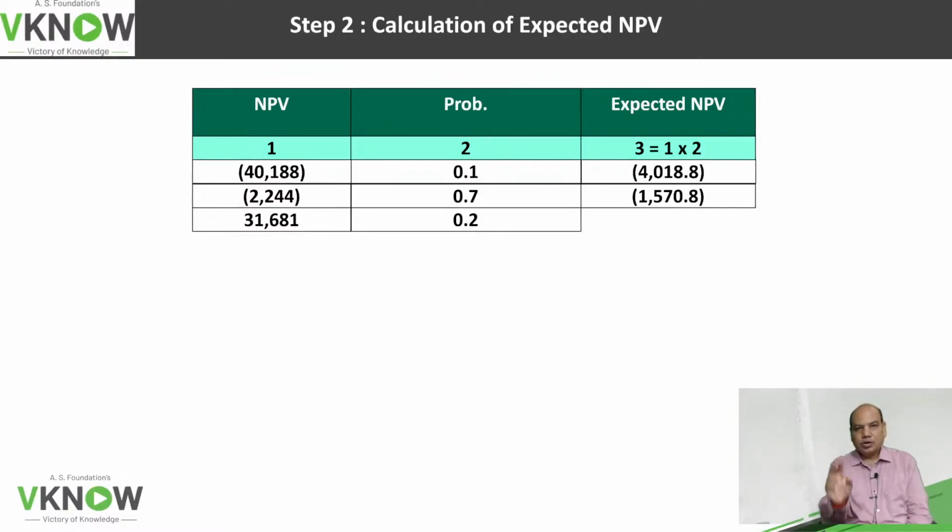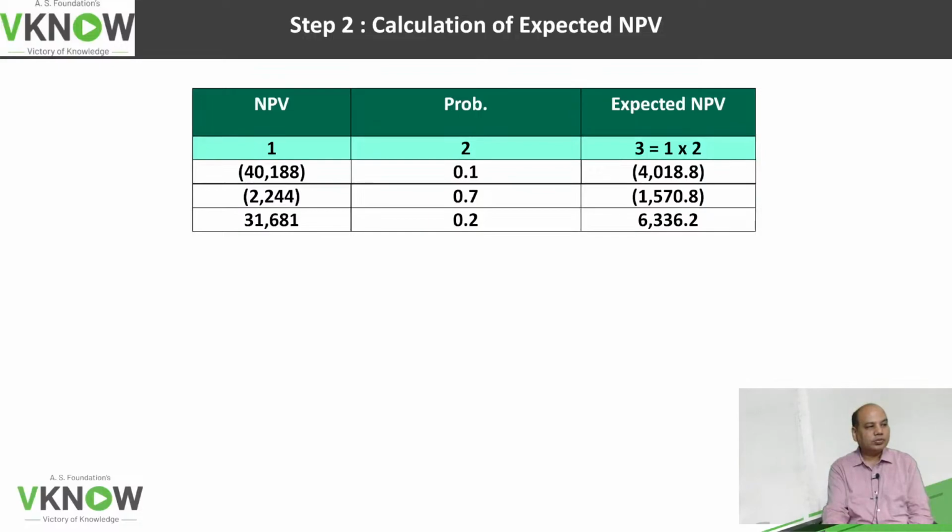Multiply, memory plus function also you will use. 40188 into 0.1, 4018.8, memory plus. 2244 into 0.7 equal to memory plus, 1570.8. 31681 into 0.2 equal to memory plus, 6336.2.